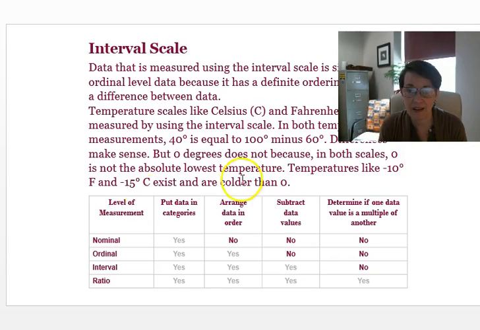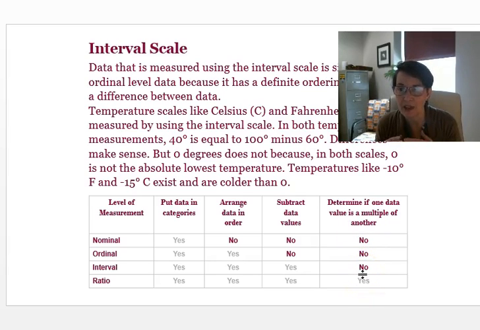is, if you notice this little chart here, is 5 degrees 5 times colder than 1 degree? No. Determine if one data value is a multiple of another. No, for our interval.